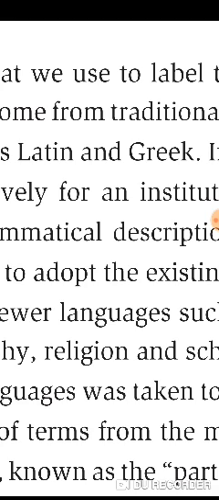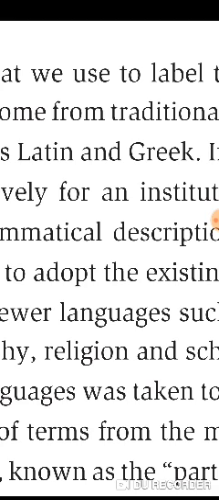Next, in fact, the Latin grammarians actually came to use the grammar of Greek and made a grammar for their own language. Now, these two languages, Latin and Greek, were considered the two languages that the English language actually owes its grammar to.